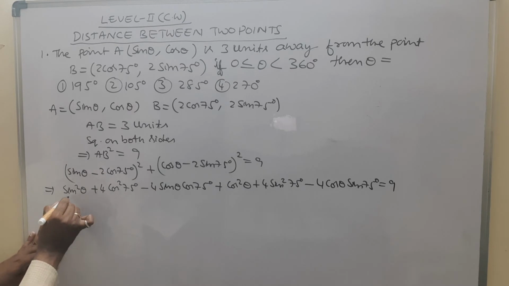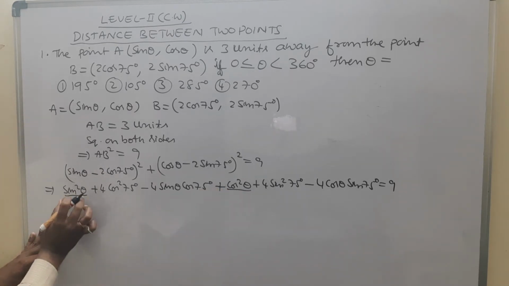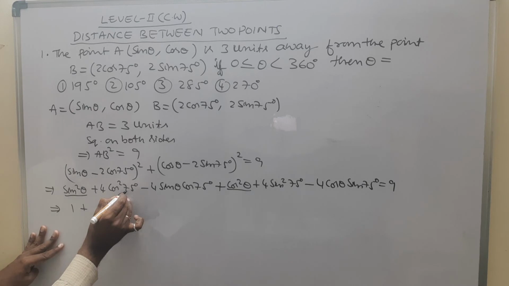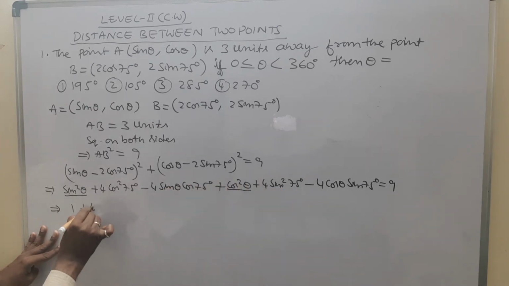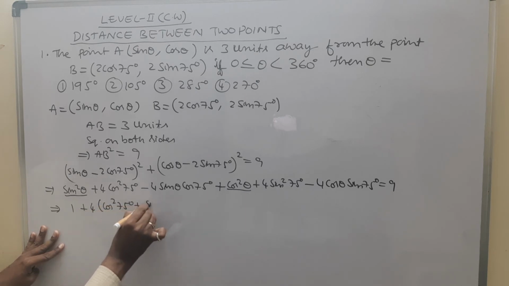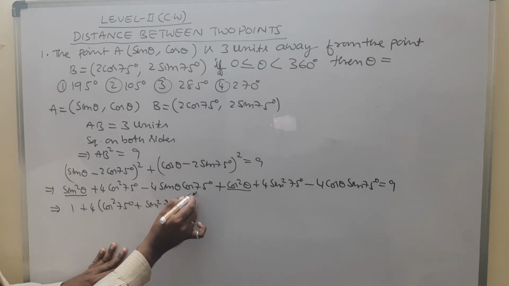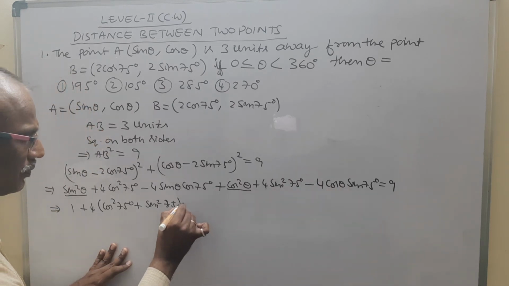Here observe that sin square theta plus cos square theta is identity. Sin square theta plus cos square theta is 1. 4 cos square 75 degree, here 4 sin square 75 degree, 4 is common: cos square 75 degree plus sin square 75 degree. Minus 4 sin theta cos 75 degree, here minus 4 cos theta sin 75 degree.